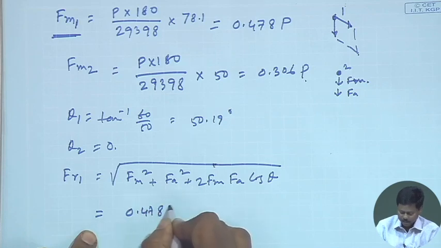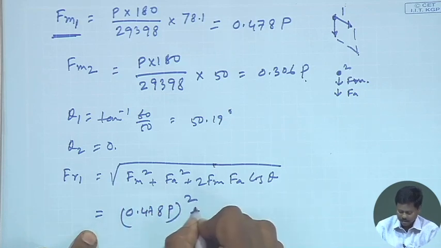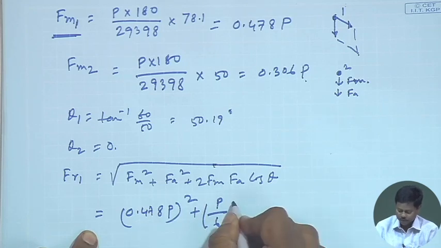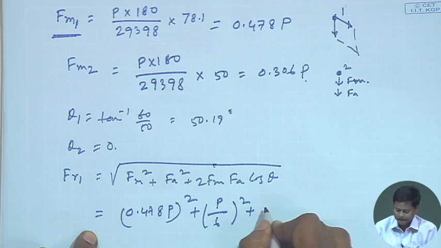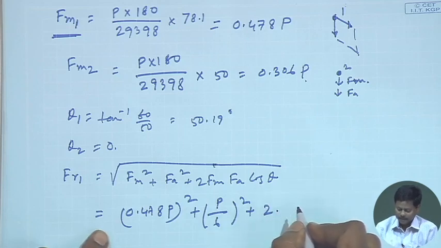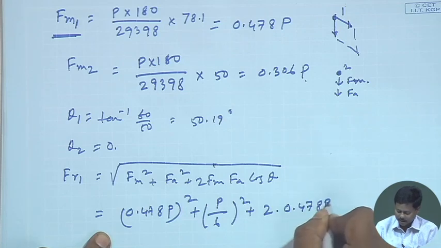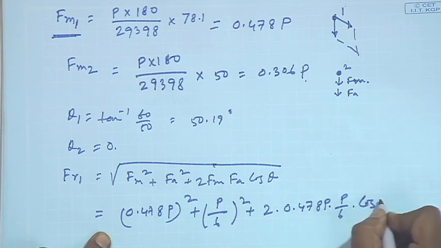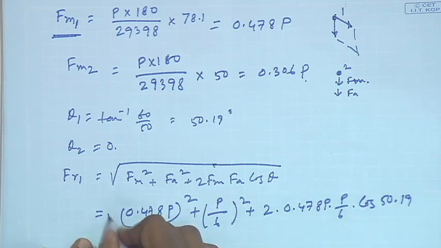If we put this value we will get 0.478 P square plus P by 6 square plus 2 into Fm, which is 0.478 P, into P by 6 into cos 50.19, right.